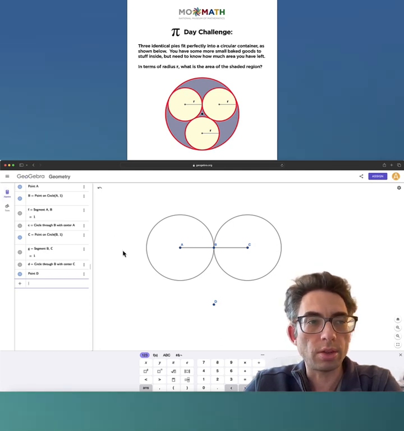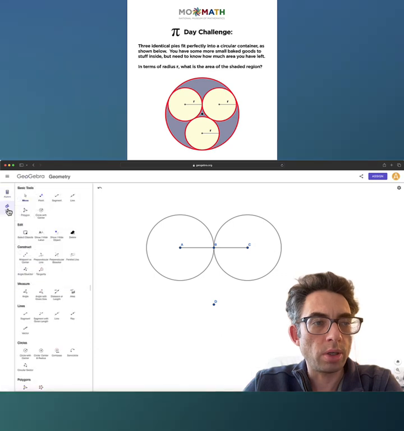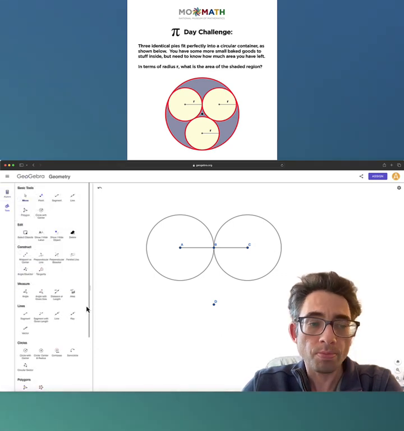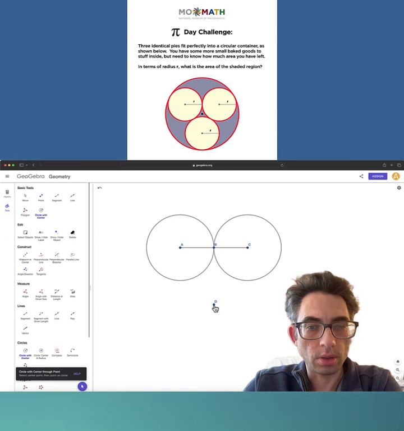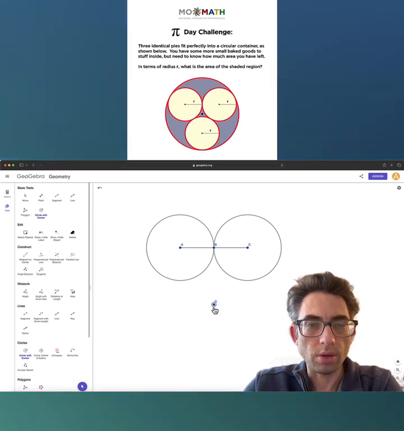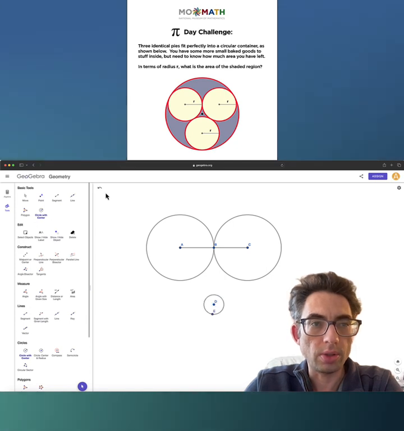And so now that we have the central point for D, we can use this to make the third unit circle. So let's go back to our GeoGebra tools and click circle with center. Click D. Oh, actually, we needed a circle with radius, so let's just undo that.